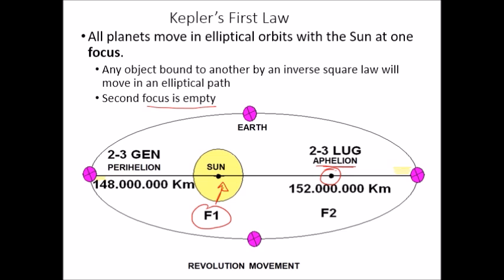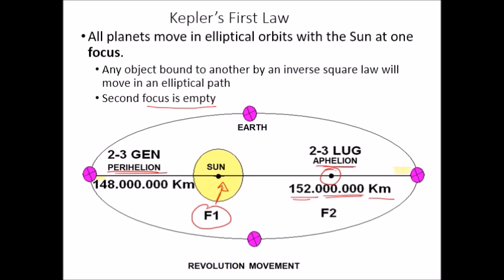This point is less close to the Sun and its distance is about 152 million kilometers. At the other point of the revolution orbit, Earth is closer to the Sun, and the name of this point is perihelion.